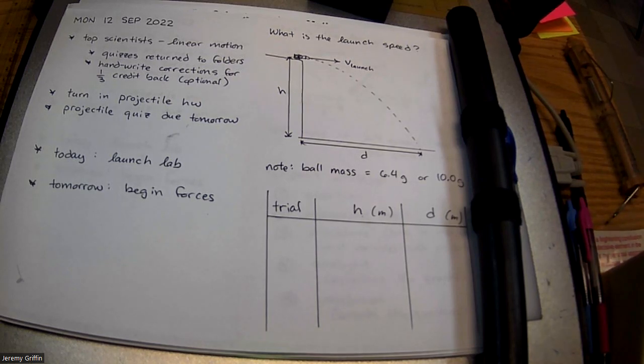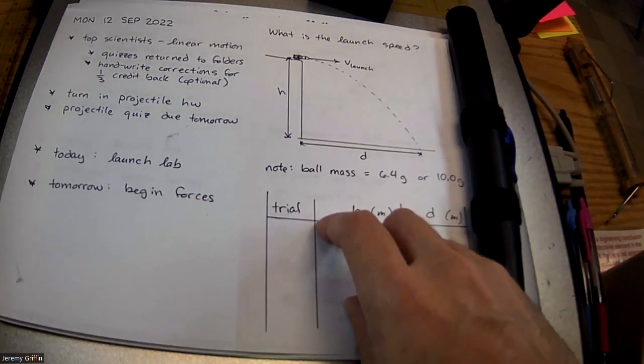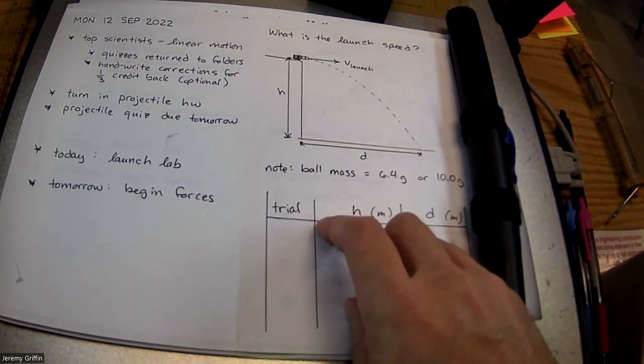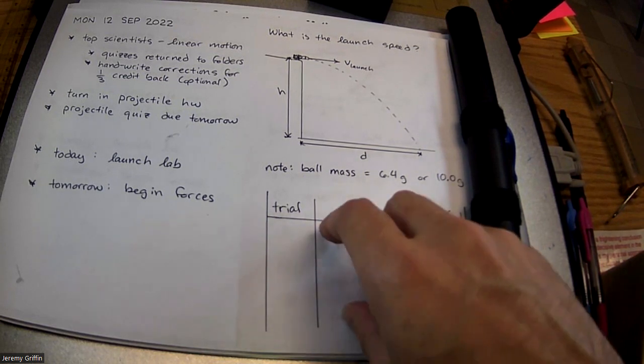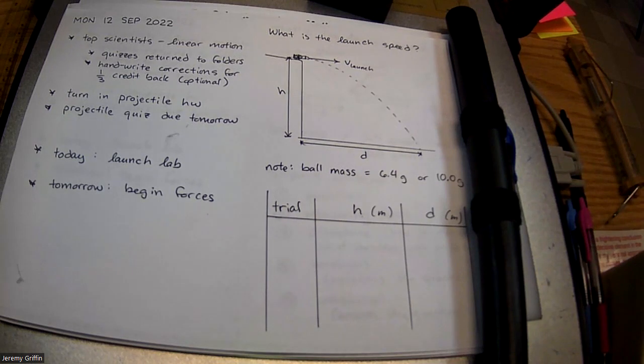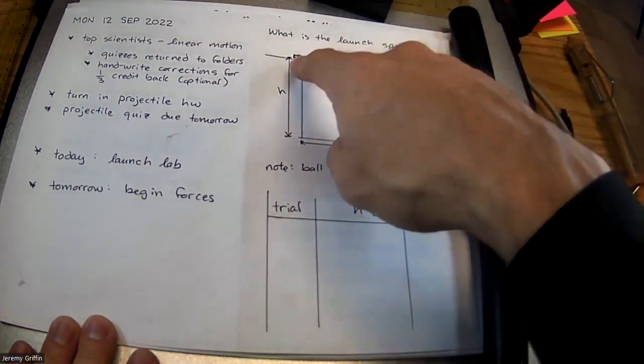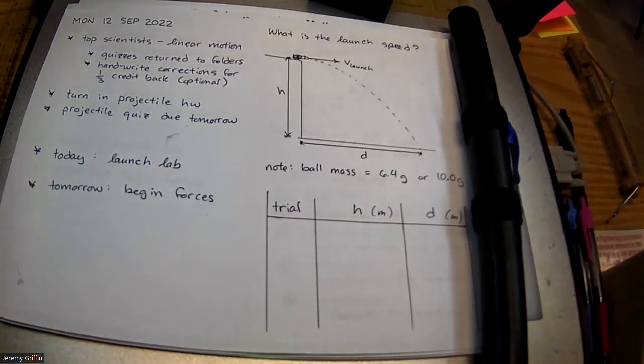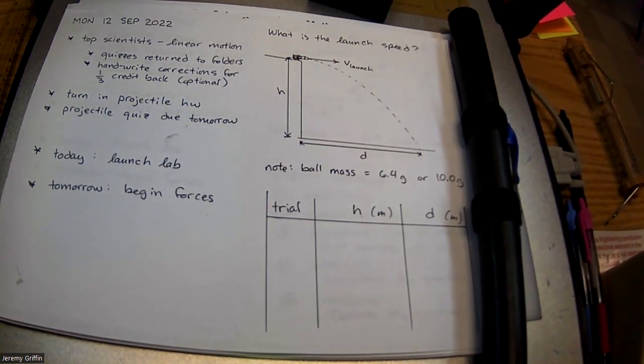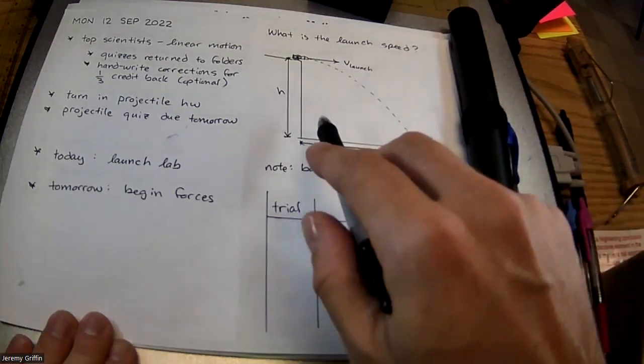How about this? Stopwatch. Do you guys think you need a stopwatch? Well, let's walk through this process of trying to figure it out. Remember, your ultimate goal is to figure out what the launch speed is. It's been a long weekend thinking about projectiles, so think about what you would need.